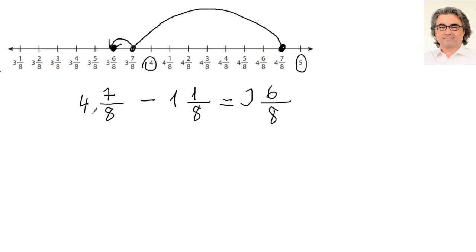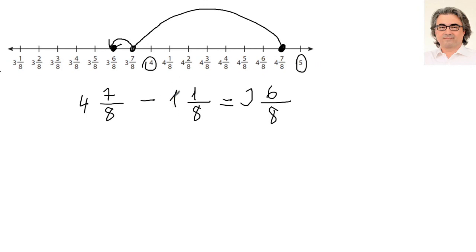Let's summarize. I should come to the point 4 and 7 over 8. And after that, the meaning of the minus sign tells us to go 1 unit exactly, because of its whole number part being 1.